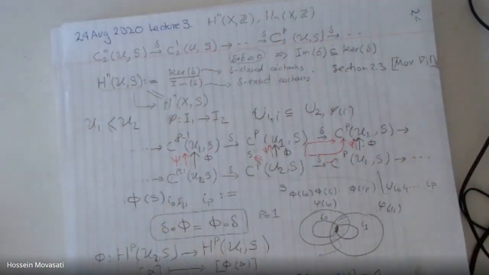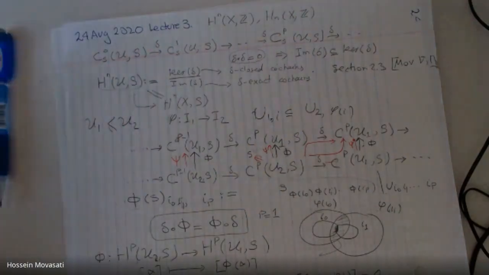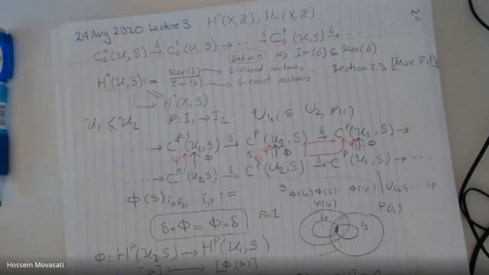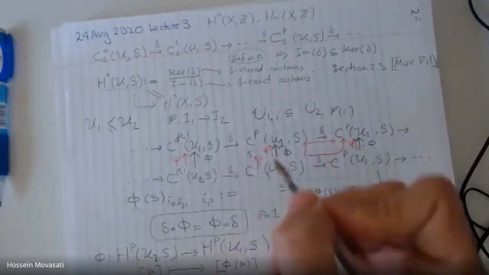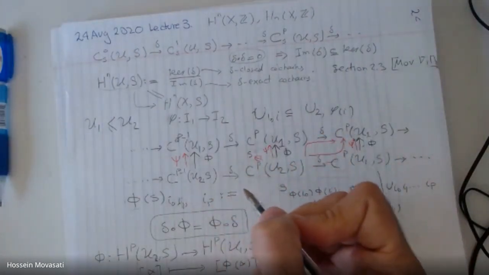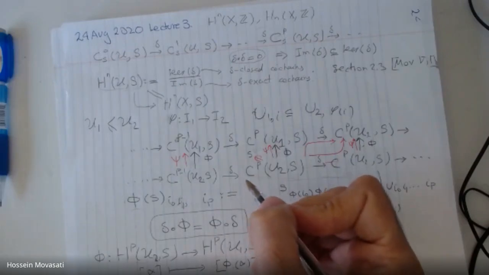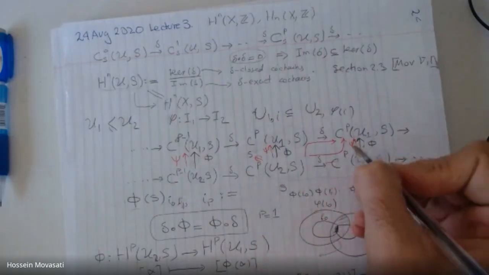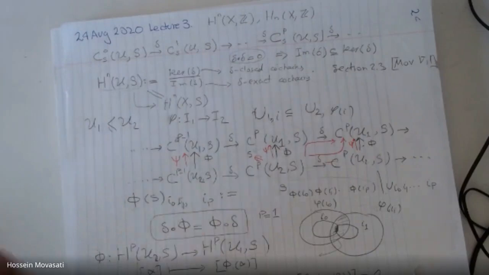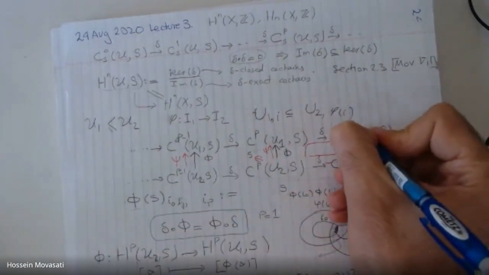So the basic idea is that if I am able to construct a map from p plus 1 to p, sorry, there is a mistake here, there is a c plus 1 here.